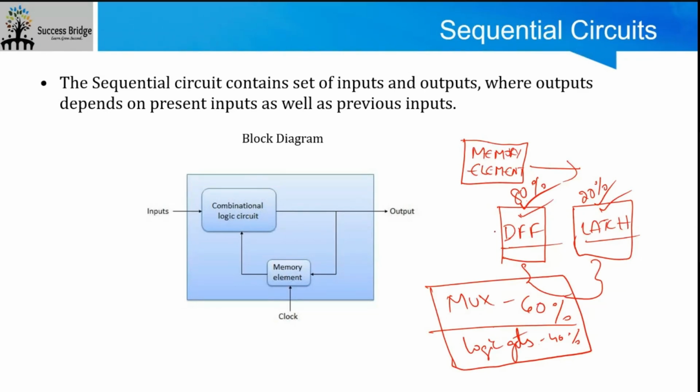Okay, so flip-flop is a memory element, which has the data input, output, and it works with a clock. Okay, clock input would be a pulse.